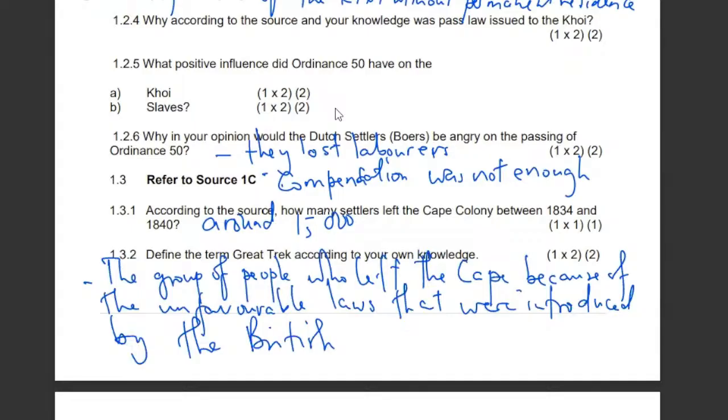Why? The conditions that they were used to were now changing. The British had taken over and were introducing measures which allowed for fair treatment of the Africans. And for that reason, they were not happy with the introduction of some of the reforms, which were now changing the situation to afford favorable conditions to indigenous people.